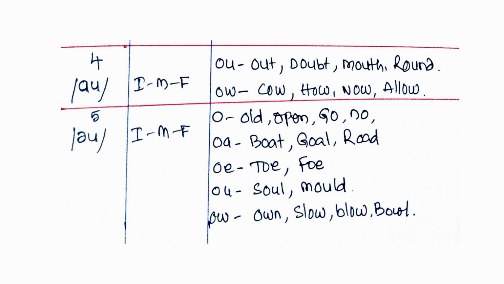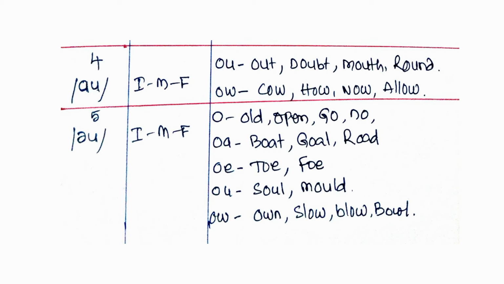Now, this is represented with the letter O in words such as OLD, old, OPEN, open. Don't say open. You see the difference between open and open.